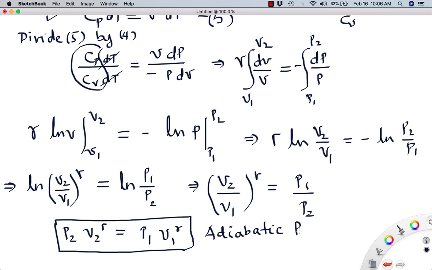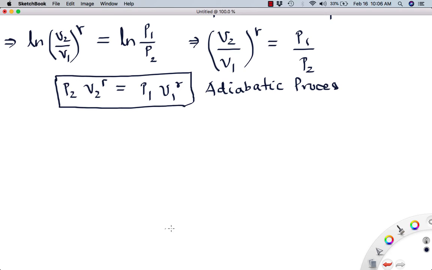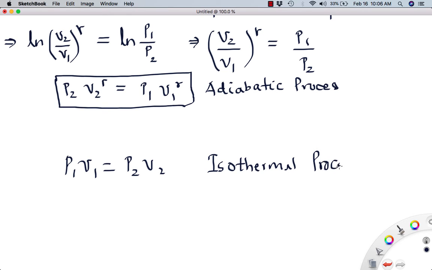In isothermal process, we had PV is equal to constant, or P1 V1 is equal to P2 V2. So basically this is PV gamma is constant.